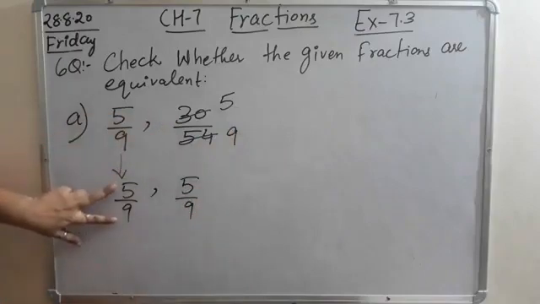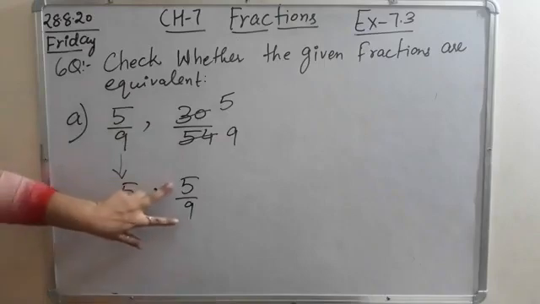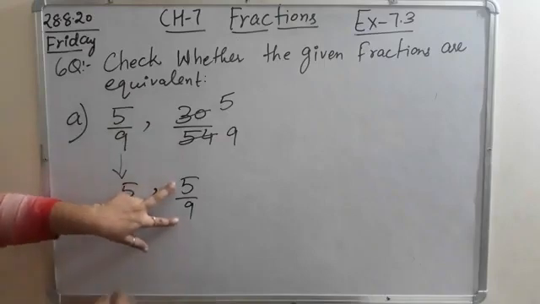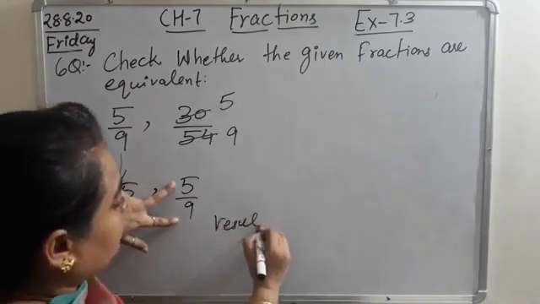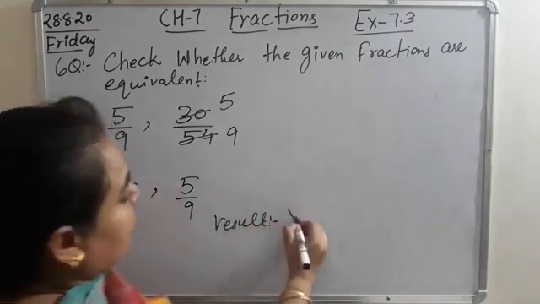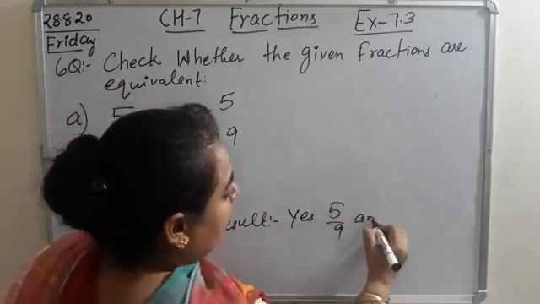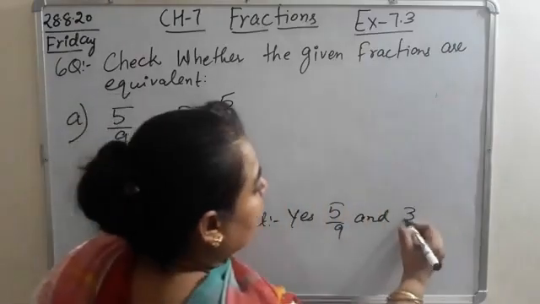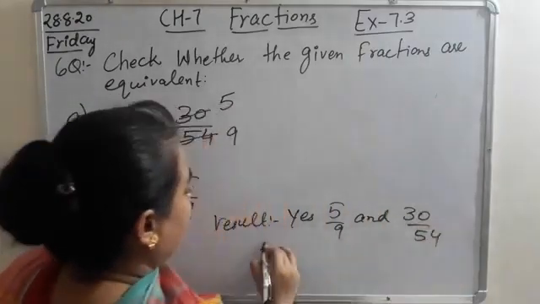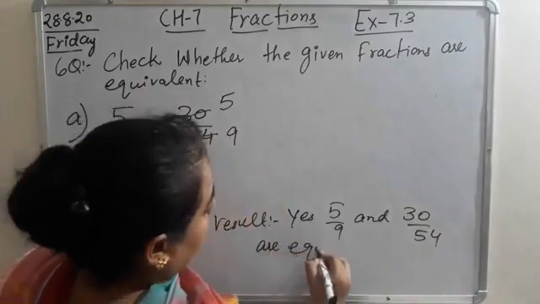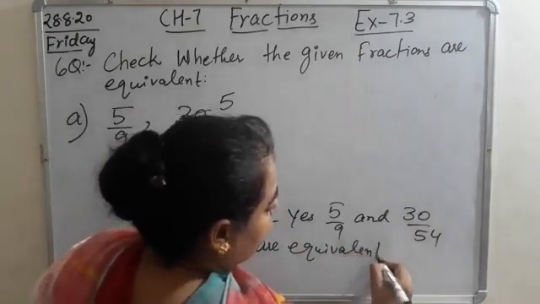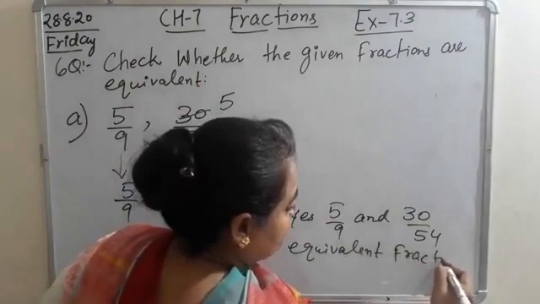So the left hand side is 5 by 9, the right hand side is 5 by 9. So in the result you will write yes, 5 by 9 and 30 by 54 are equivalent fractions.